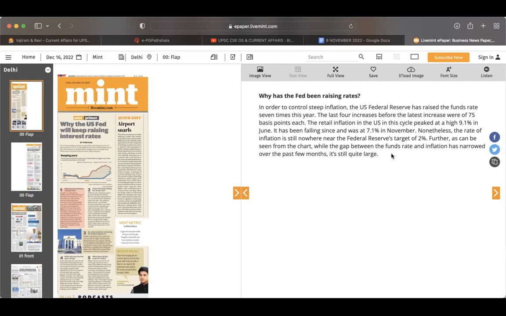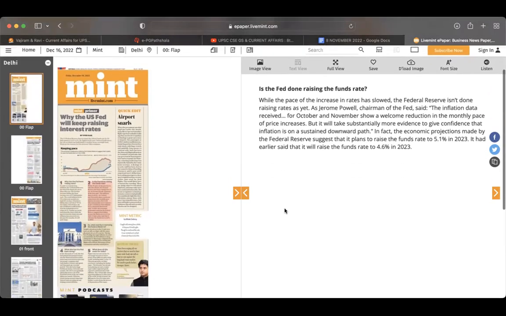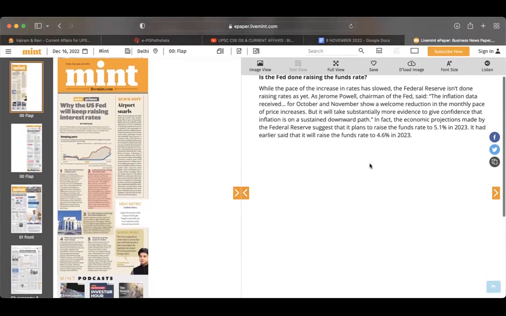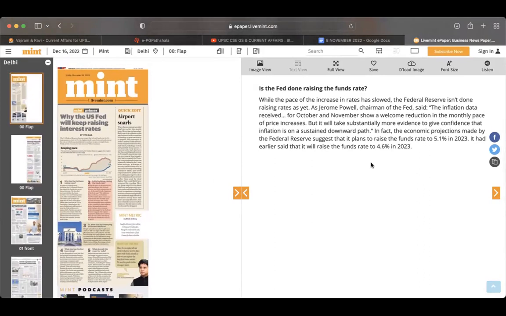This one was lower than that, and we see that retail inflation in the US in this cycle peaked at a high of 9.1% in June. The chairman of the Fed said that the inflation data received for October and November show a welcome reduction in the monthly pace of price increases.